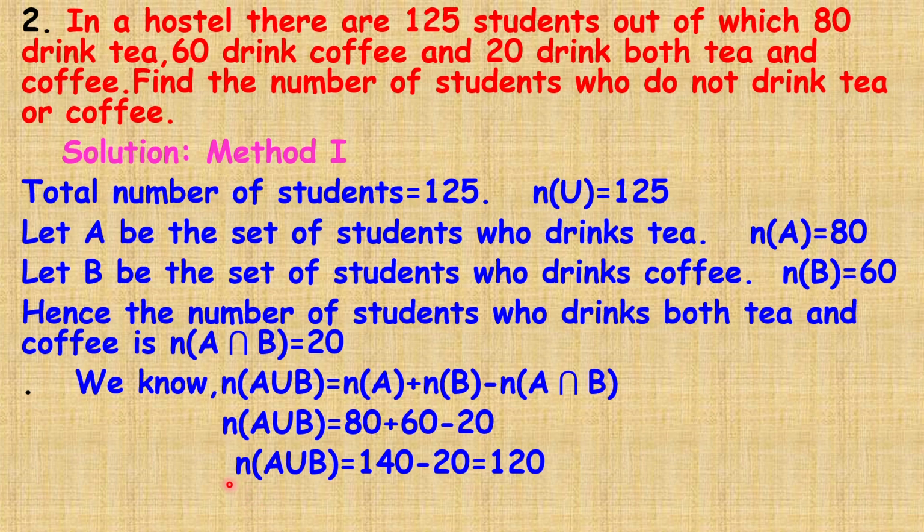Therefore, the number of elements in A union B is equal to 120.